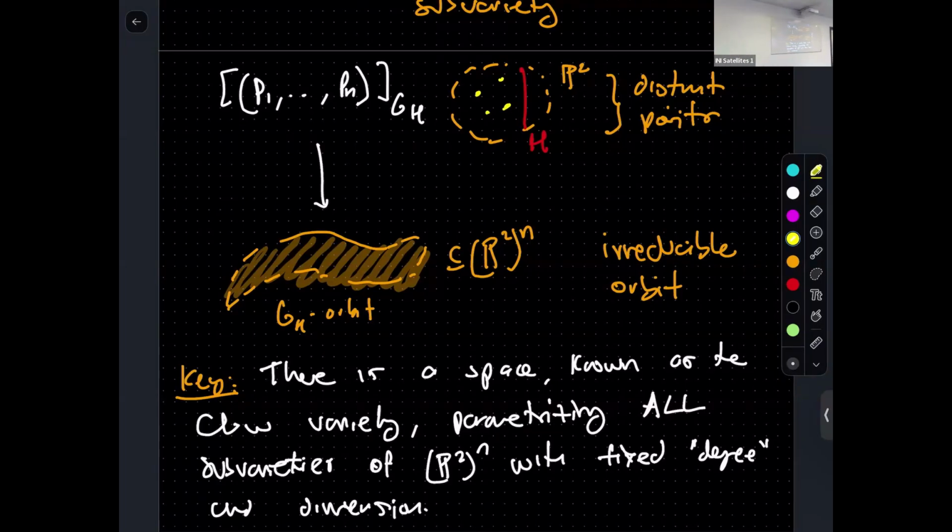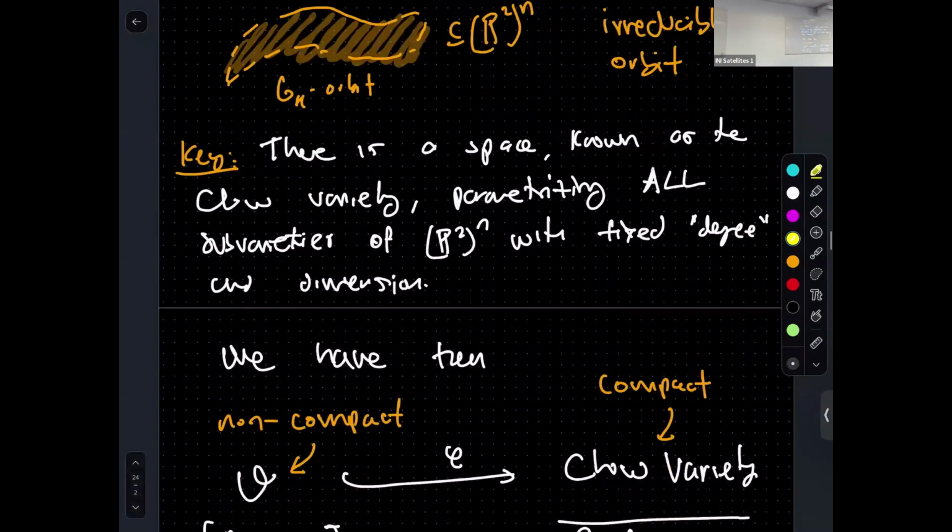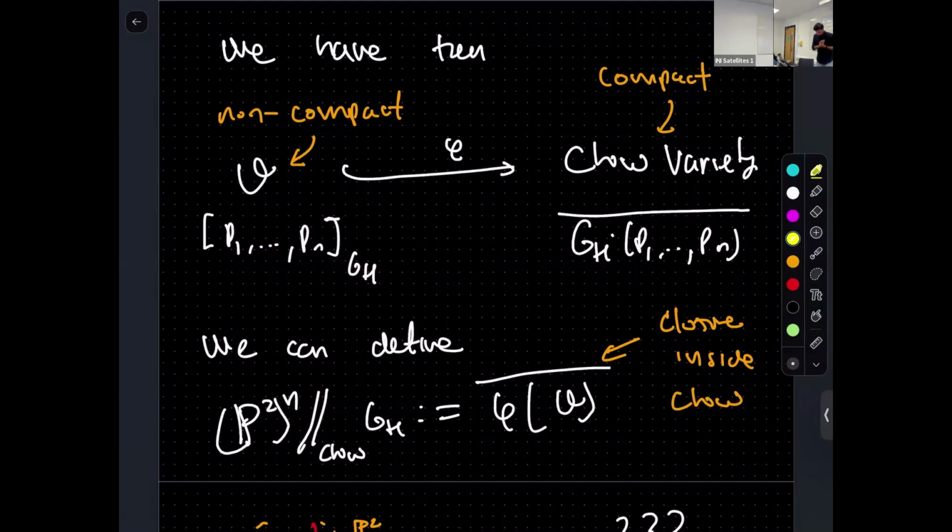A configuration of points up to scaling and translation gets associated this subvariety, the orbit, right? I take the closure of the orbit.